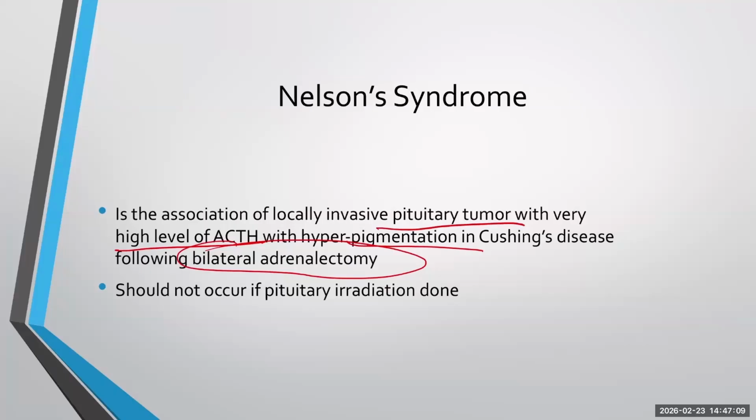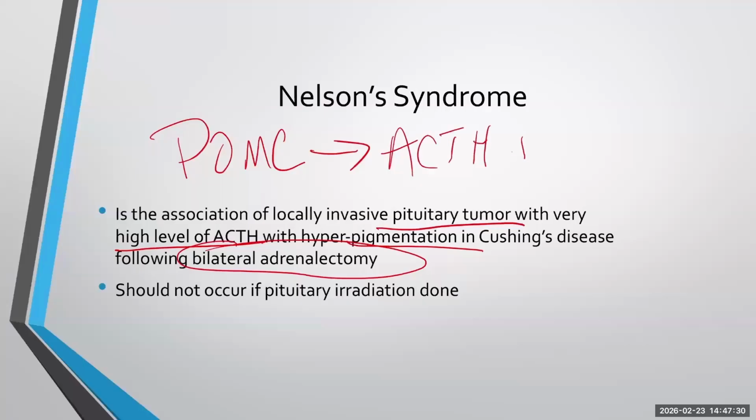High-level ACTH, hyperpigmentation. Why do they get hyperpigmentation with high levels of ACTH? Remember what the molecule is. We have POMC, which dissociates to make ACTH and melanocyte stimulating hormone.